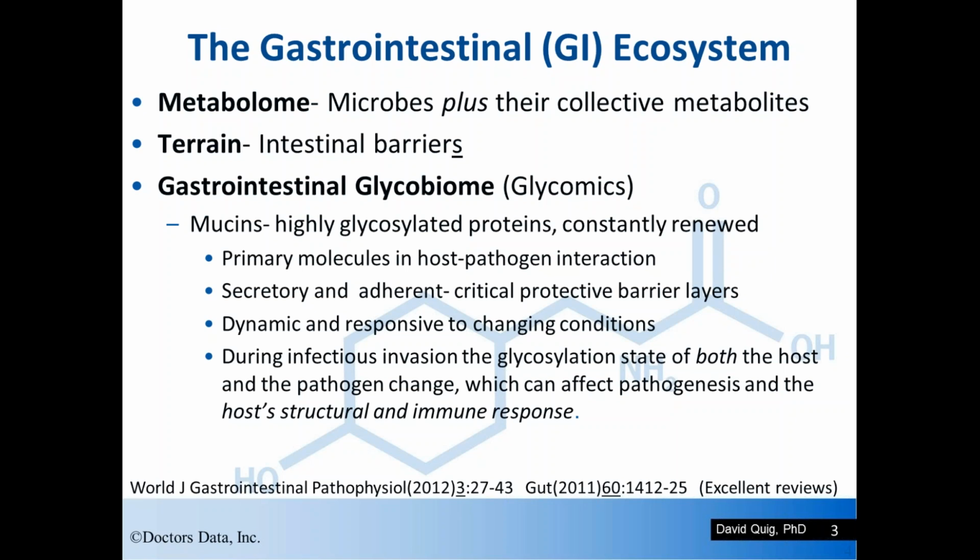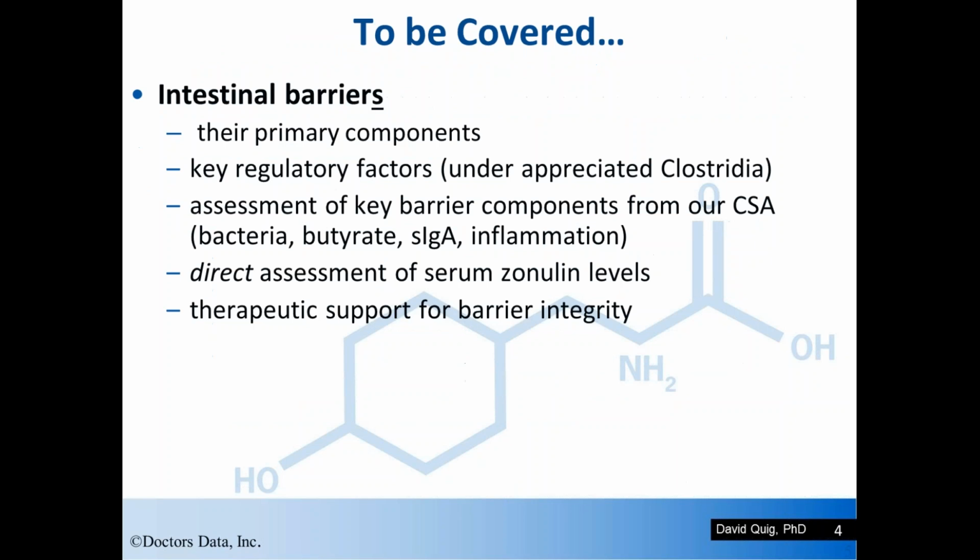Now, the mucins are extremely dynamic and responsive to changing conditions in the microbiome. And to illustrate that, consider that during infectious invasion, the glycosylation state of both the host and the pathogen change, which can affect the pathogenesis as well as the host's structural and immune responses.